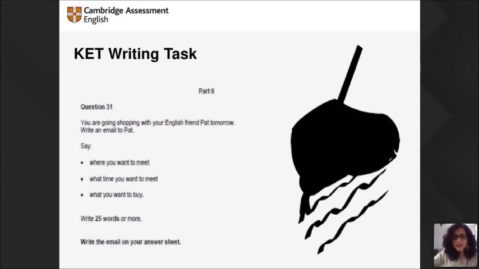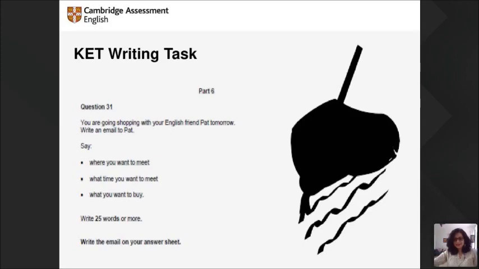So the genre is an email. It is guided writing because there are 3 prompts given and there's a word limit, right? So that is the skeleton of the KET writing task part 6. So the teacher needs to understand the task type.